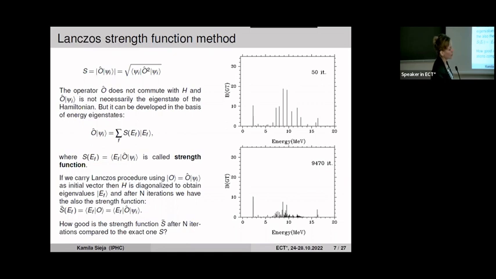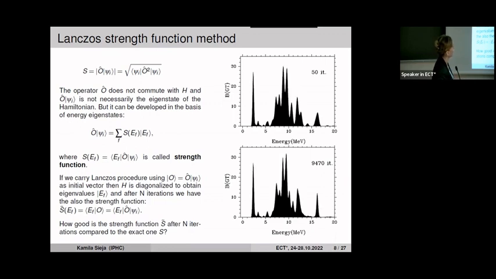In other words, if you make as many iterations as the dimension of your system, at the end, in this example, the matrix is around 10,000, so if you make the same number of iterations, you will converge all the states. But this is not generally necessary to have a distribution shape, because if you fold it with a Gaussian, for example, you see that the results look exactly the same.